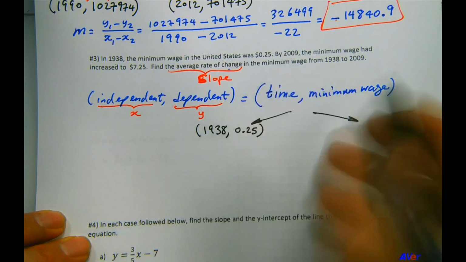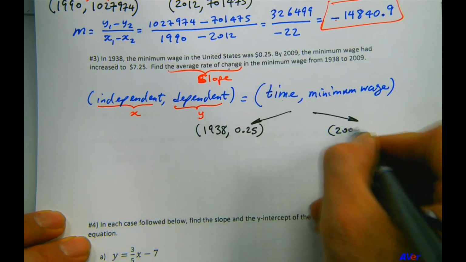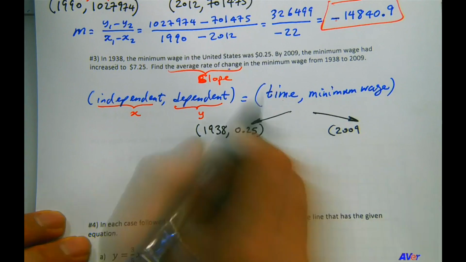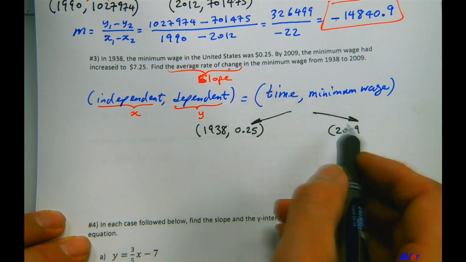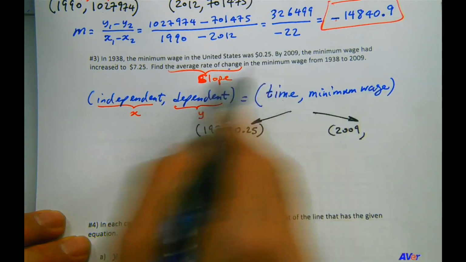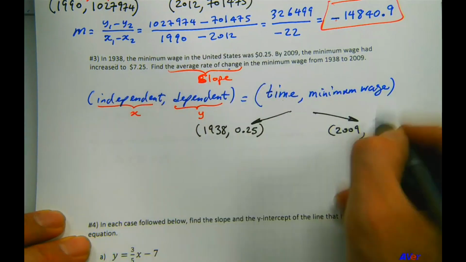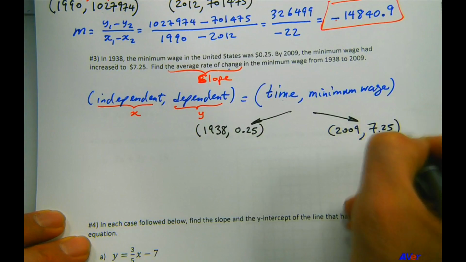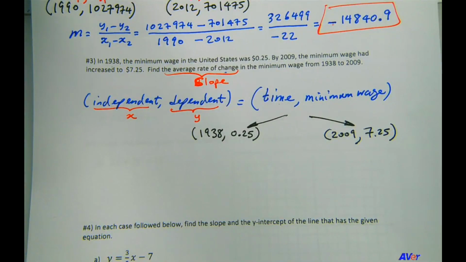And in 2009, I'm putting the year, the time, for the independent variable, which is x, comma, minimum wage, went up to $7.25. So now we have 2 points.